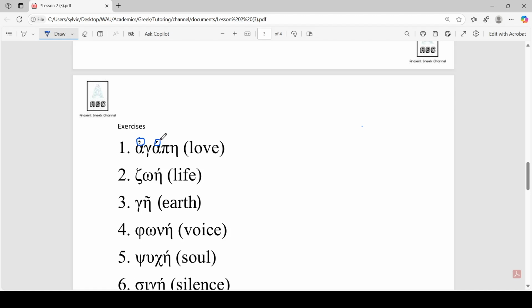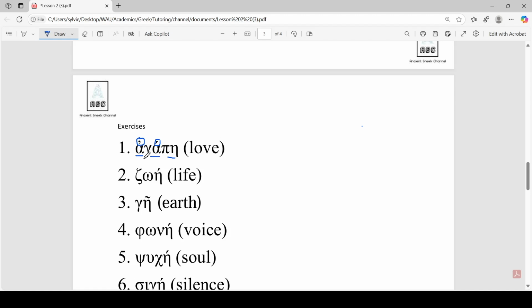An acute accent tells us that we have to raise the tone of our voice over this second, the penult syllable. So a, ga, pe, a 3-syllable word with a smooth breathing mark over the first syllable and an acute accent over the penult, the middle syllable, and then the last syllable just normal.